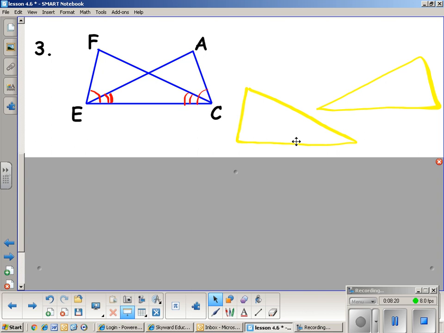So Carmen, can you identify our congruent statement? Triangle EFC. So let's see, that's EFC, and over here it's ACE.